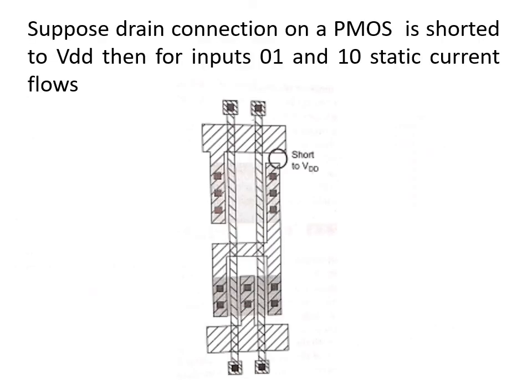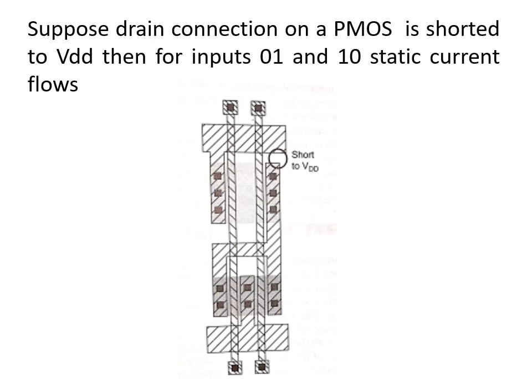This is the layout for a 2 input NOR gate. Here let us consider a fault that has occurred because of the drain connection of a PMOS. Here you can see that the drain of a PMOS is shorted to VDD. This could physically occur if a stray metal, caused by a speck of dust at the photolithography stage, overlaps the VDD line.